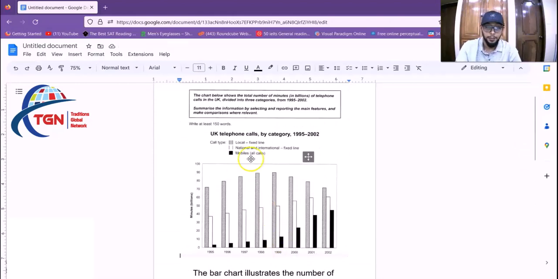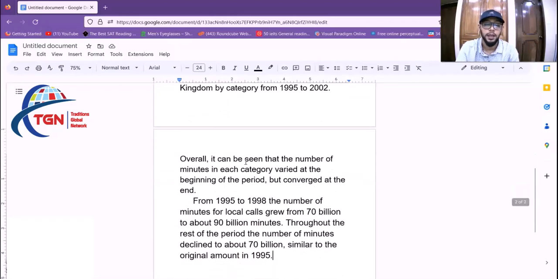Next, we have national and international. And we have mobiles. So এই দুইটাকে একসাথে একটা দুইটা সেন্টেন্সে কমপ্লিট করা যাবে। But we're going to do that in a different paragraph because আমাদের এগুলার trend একটু different, right? So let's do this now.